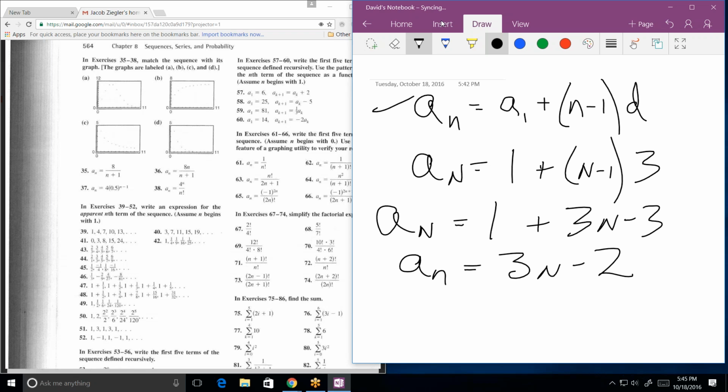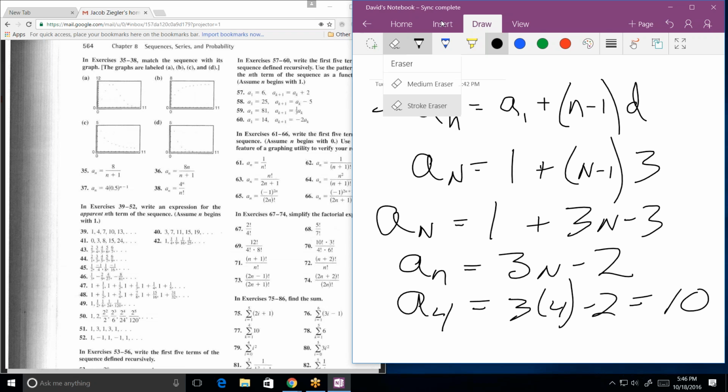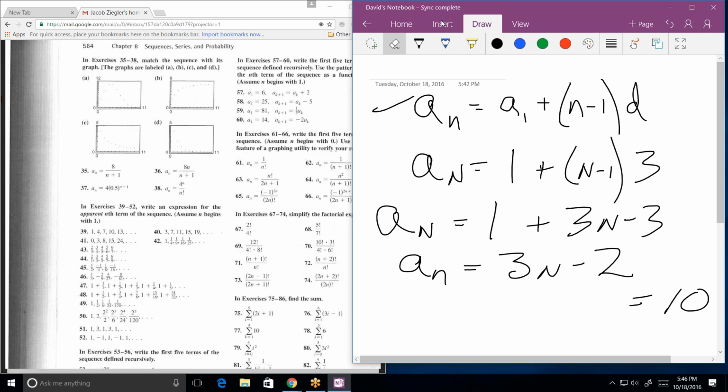Now, when you say what is n, well, if I want to know the fourth term of this sequence, a sub 4 would be 3 times 4 minus 2. Well, is it 10? If I look at my sequence, yes, the fourth term is 10. Okay, what if they said, what is the 111th term?